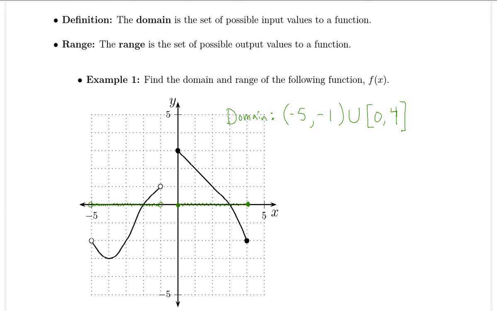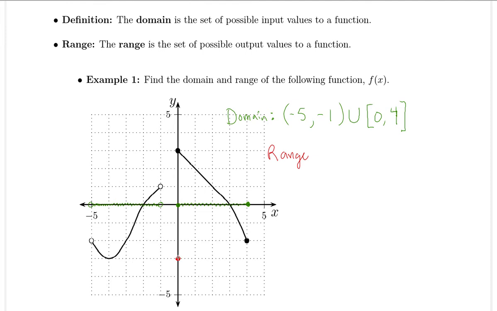All right, so let's take a look at the range. So we can play the same sort of game here. Let's go to the very lowest y value that we see. The very lowest y value we see would be down here at -3. I'm going to put a solid dot right here at y value of -3 because I don't see an open circle down here. So the only time you're going to not include something is if it's an open circle.